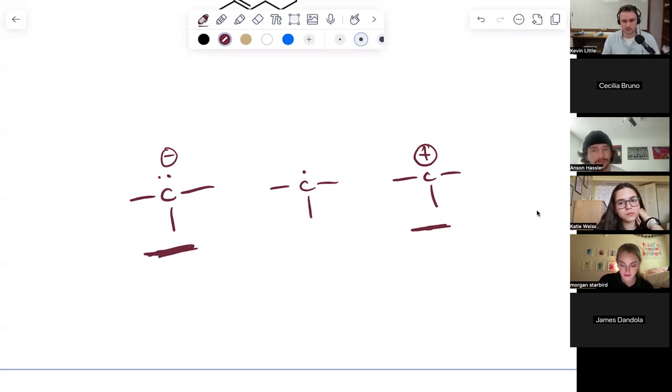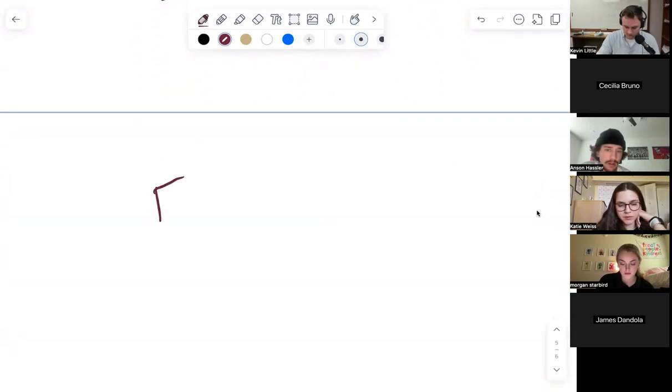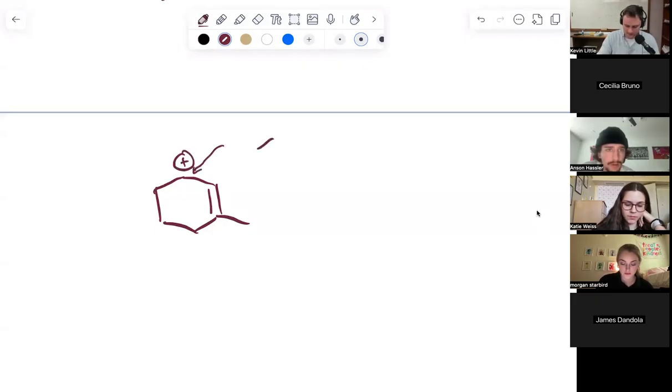Carbon's just kind of funny because you're never going to have more than four bonds on a carbon. So the only way you can get it is a positively charged carbon, which does exist. These exist, and we've actually seen them today. So like when I gave you a problem that looked like this, zoomed in, this is a carbon without those lone pairs.